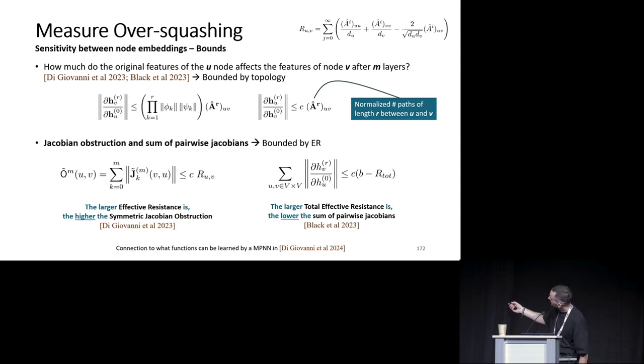And if we think about the sensitivity for all the nodes in the graph, it's also bounded by the total effective resistance. We compute the sensitivity between pairs of nodes in the whole graph and sum it up. It's bounded by the total effective resistance, which, if you remember, is the sum of all the pairwise effective resistances between nodes. So the larger the total effective resistance is, the lower the sensitivity between nodes.